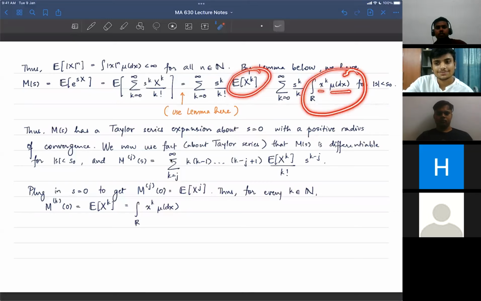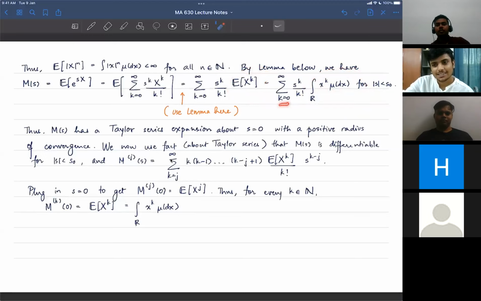Basically, you take the function h to be x to the k, so that's exactly what we're doing here. So I'll get the sum over k from 0 to infinity of s to the k over k factorial, times the integral over R of x to the k mu dx. And this is for mod s less than s0.